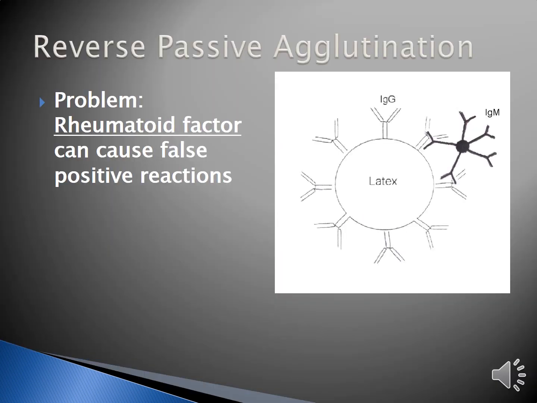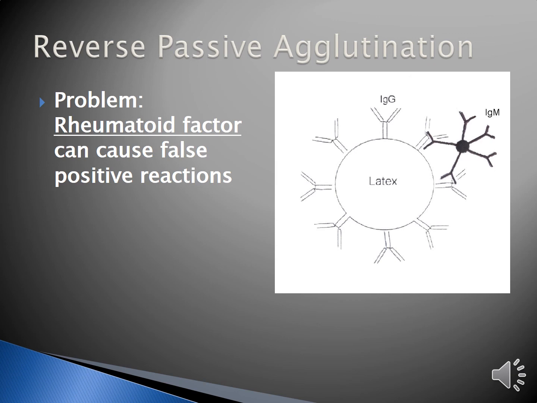One issue with doing reverse passive agglutination is rheumatoid factor. If a patient has rheumatoid factor, then obviously this autoantibody IgM is going to bind to these IgG particles on this latex bead when we're doing reverse passive agglutination.